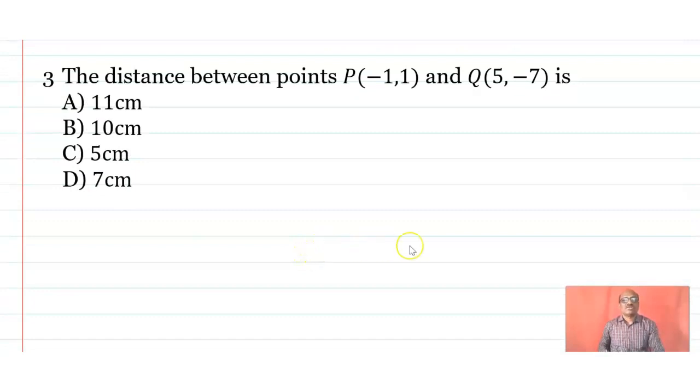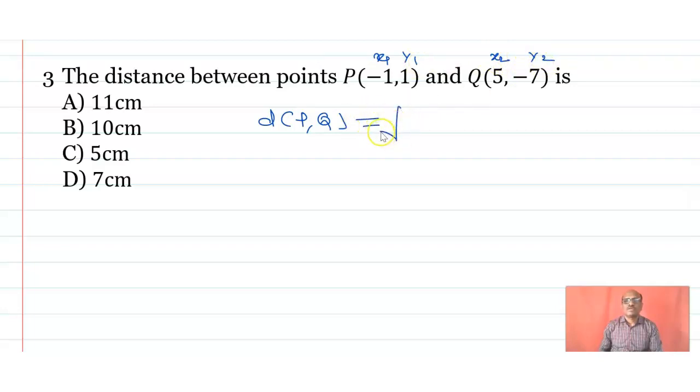Now the next question. The distance between point P, whose coordinates are (-1, 1), and Q (5, -7) is. पुन्हा इथे आपण डिस्टन्स फॉर्म्युला अप्लाय करणार. डिस्टन्स PQ. मग फर्स्ट कोऑर्डिनेटला आपण here x1 and y1, x2 and y2.